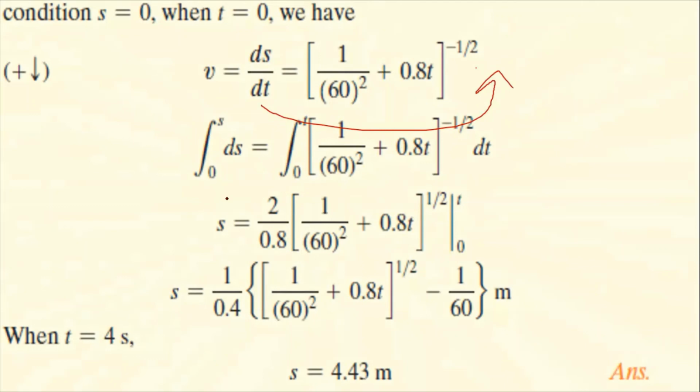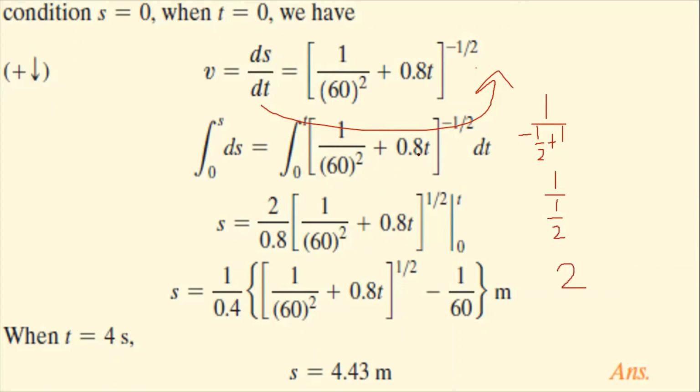So what will happen? 0 to s, it will become s minus 0, so it will be s. Here what will happen? 1 upon, for integration, we will take minus 1 upon 2 plus 1. So it will become positive 1 upon 2. That's why it is coming out to be 2. So that's why it is written over here 2.